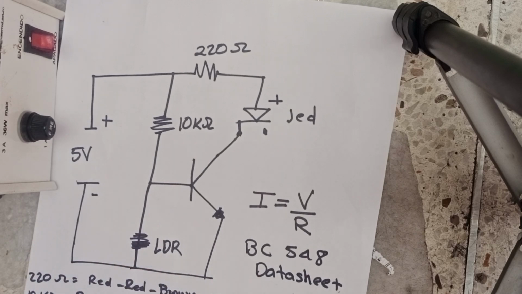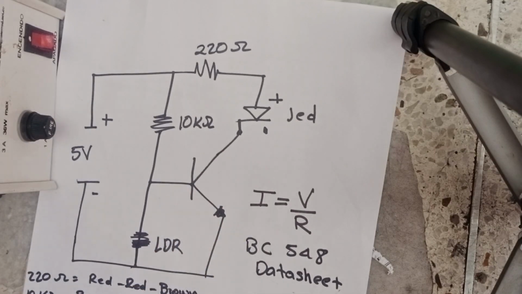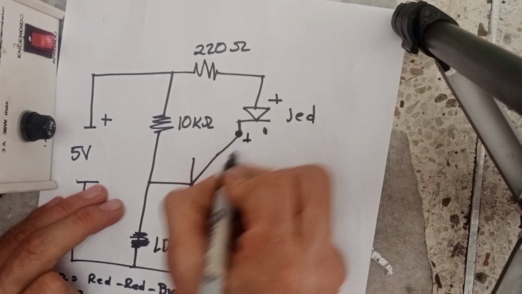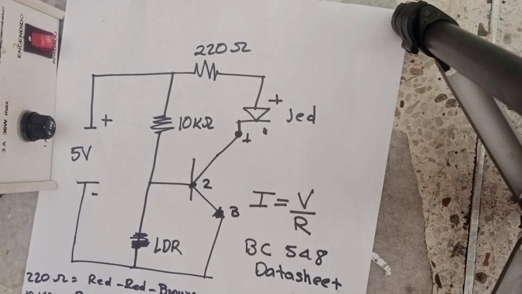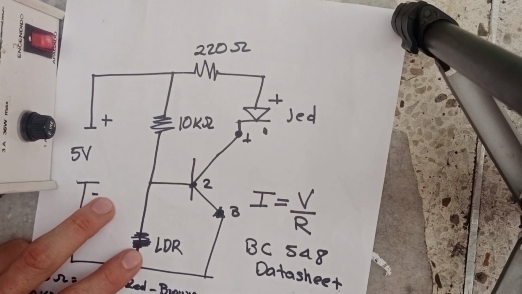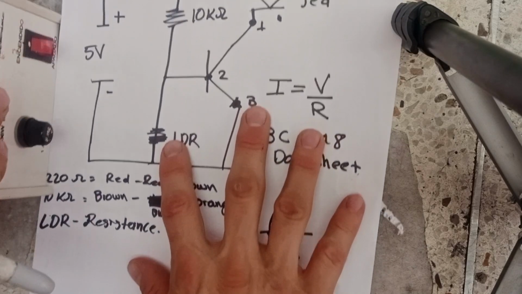Now here we have a transistor. I can also define the pins as pin number 1, pin number 2, and pin number 3. You've got to recall that this component has 3 main pins, and you start counting from left to right. That's the main basic concept.